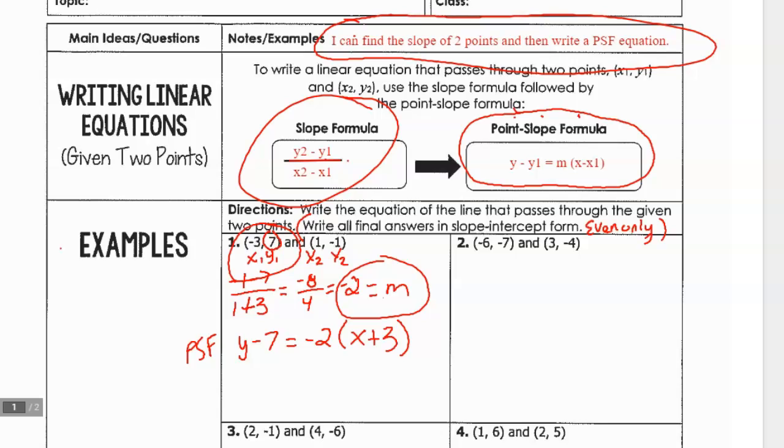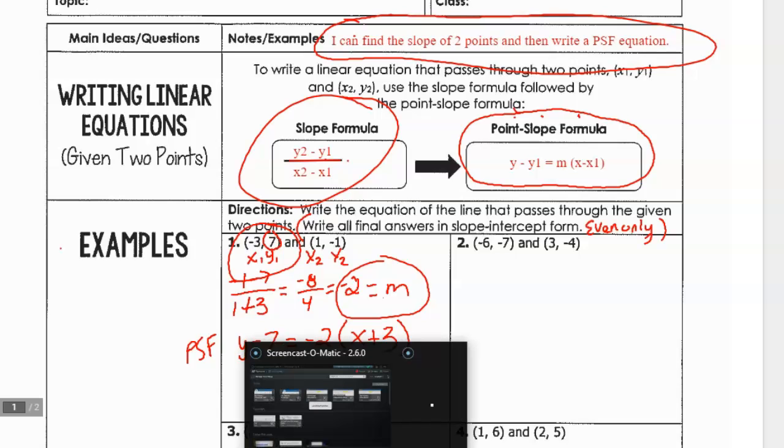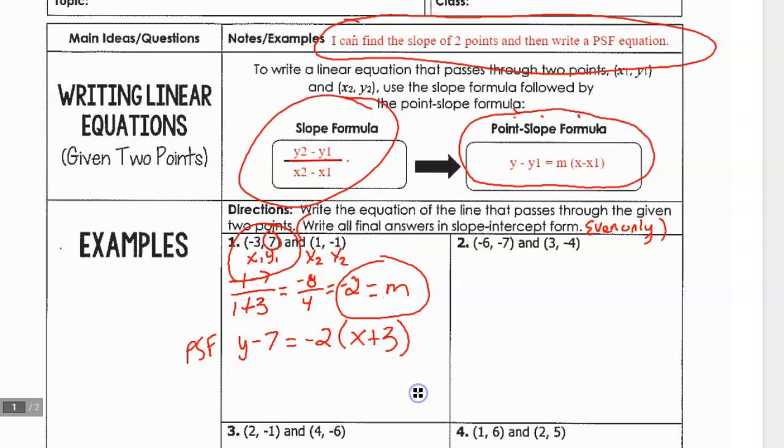Okay, your next one here. Next one here you have, I'm going to label these again, x1, y1, x2, y2.